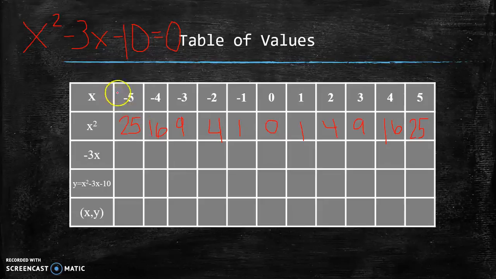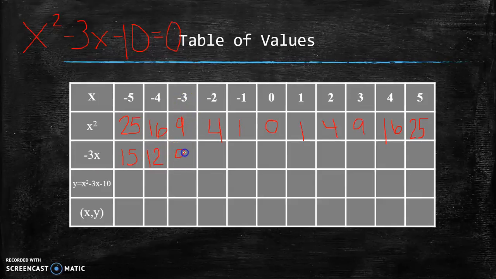So now you're taking your x and multiplying it by negative 3. So negative 5 times negative 3 would give you a positive 15. Likewise, negative 4 times negative 3 would give you a positive 12. And I'm just going to finish putting the rest of the values in.